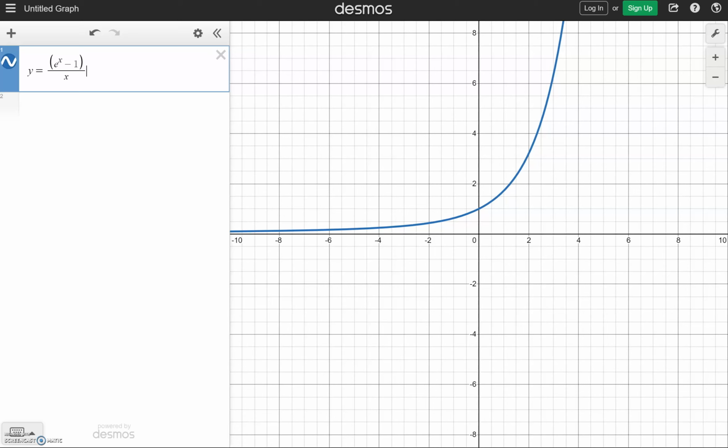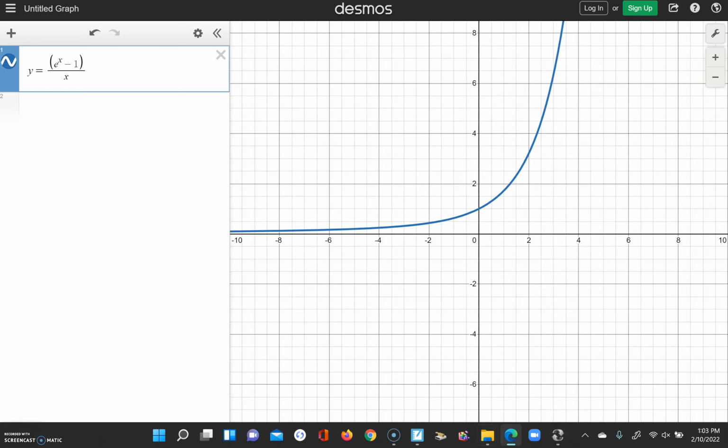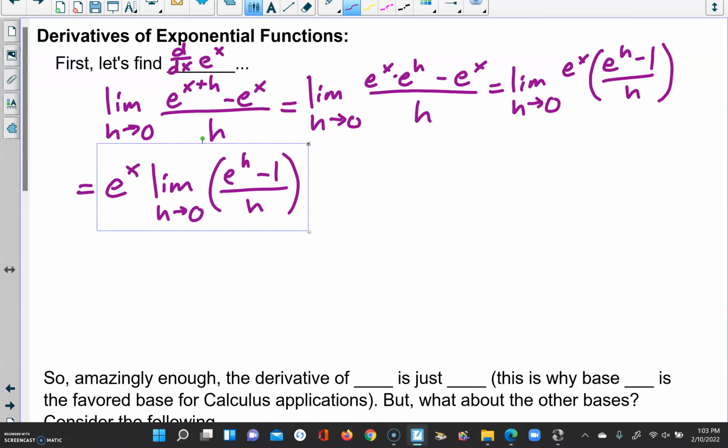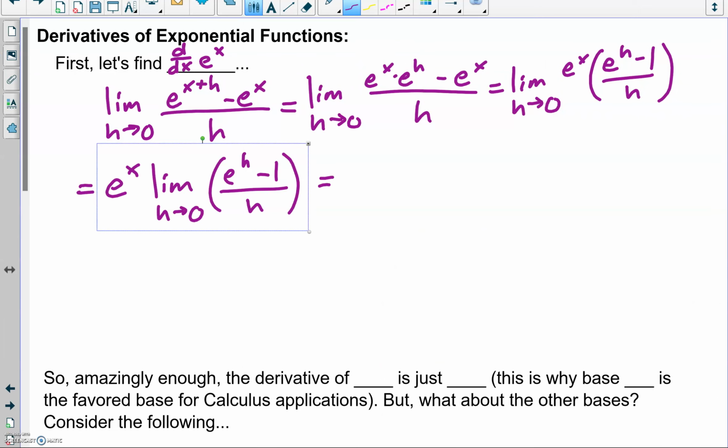Or not so much derivative, sorry, the y value is 1, getting ahead of myself. So you've got this (e to the x minus 1) over x just going to 1. That limit is going to 1. So coming down here, we can complete the derivative of e to the x, and I'll have e to the x times 1, the limit value, and it just goes back to e to the x.